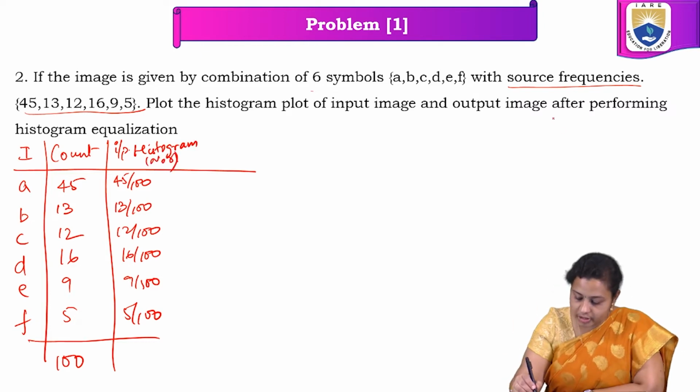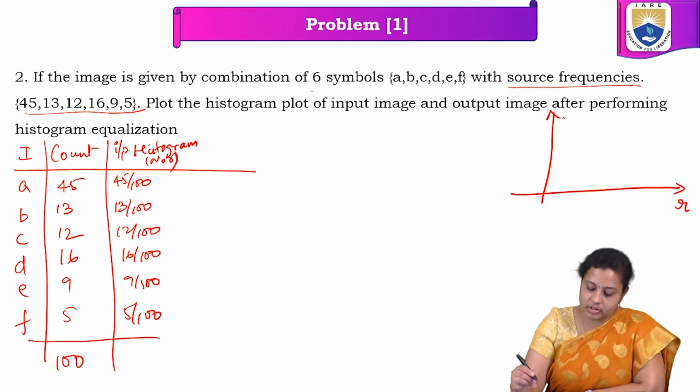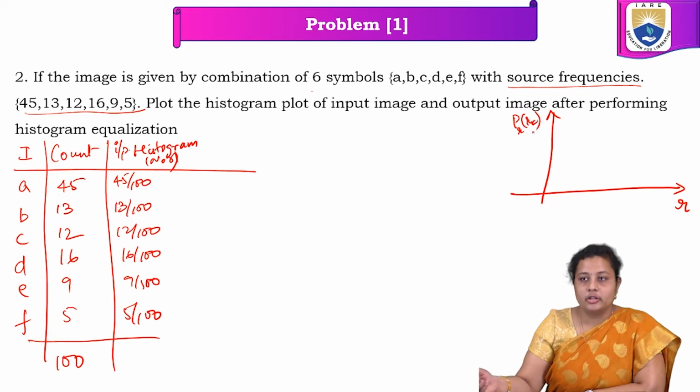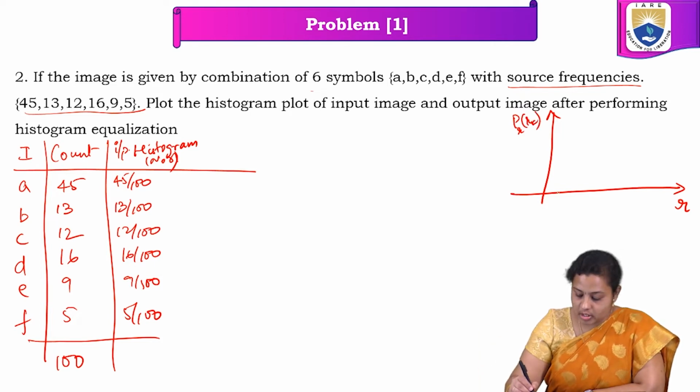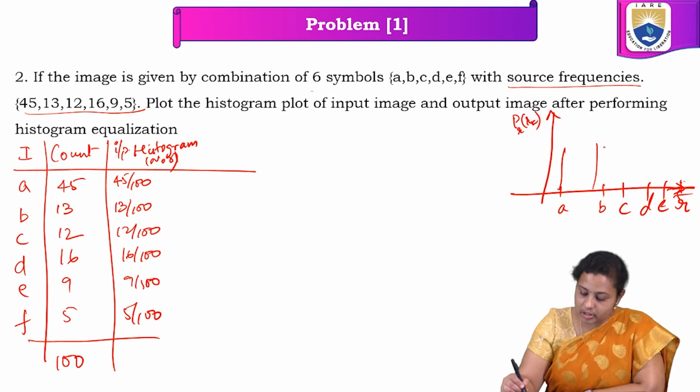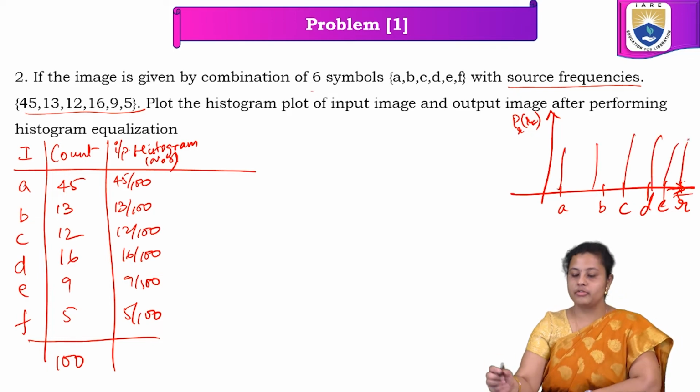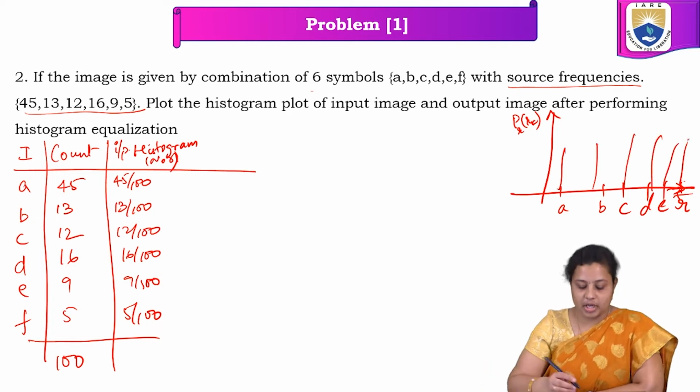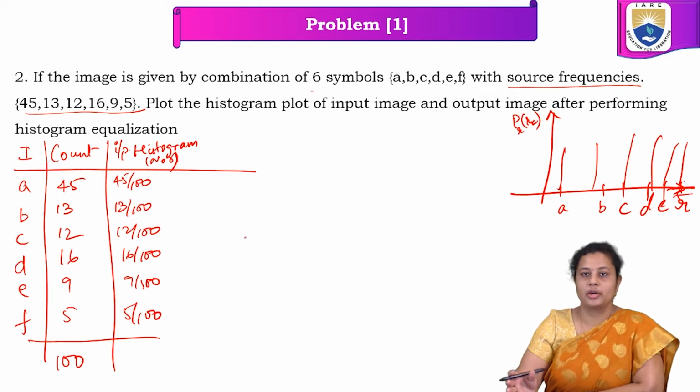So how do we plot the input histogram? This is R, this is the input probability, so we have plotted A, B, C, D, E, F. Now we plot the histogram, which is the probability. So from there we have got my input histogram, right?